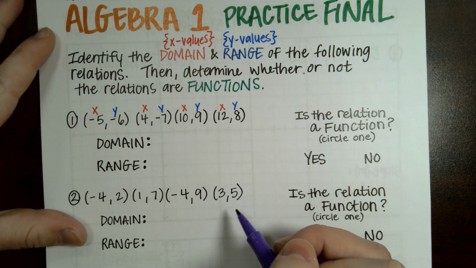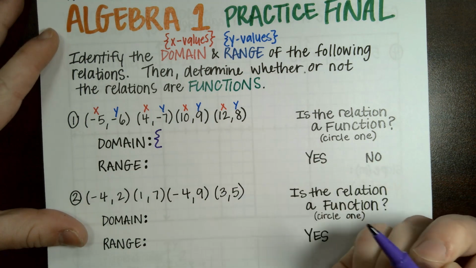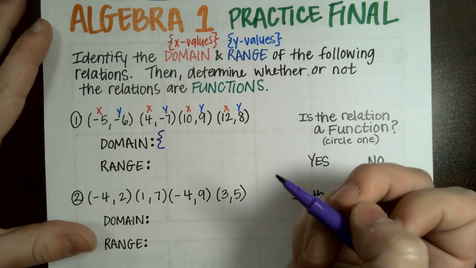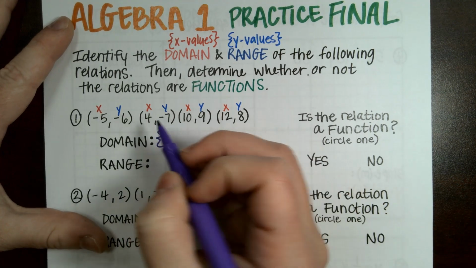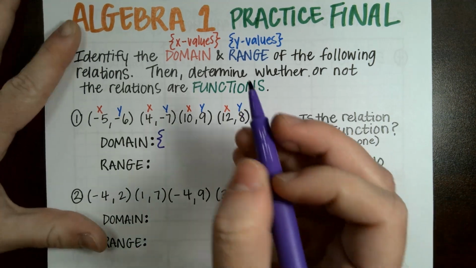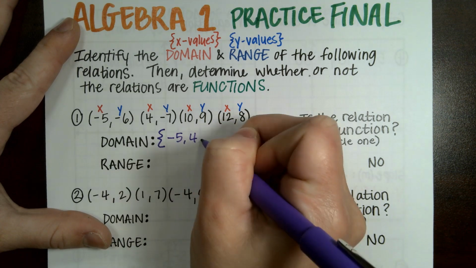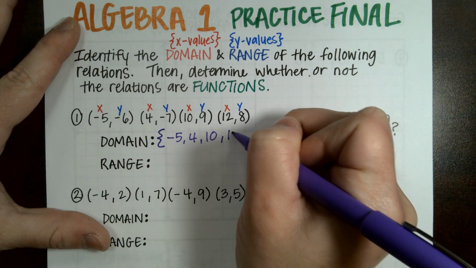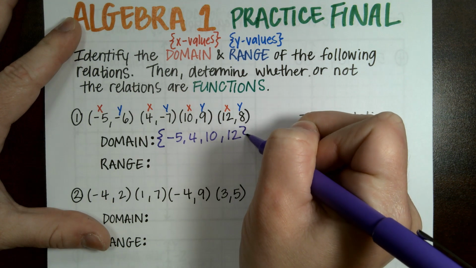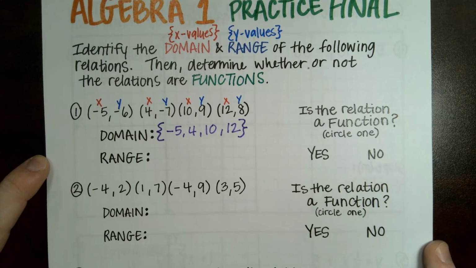Please do not forget to put your domain in brackets, and your range. Now that we've got our outer bracket on the first side here, what are our values for domain? -5, 4, 10, and 12. Perfect. -5, 4, 10, 12. And then we put another bracket on the outside to close it.